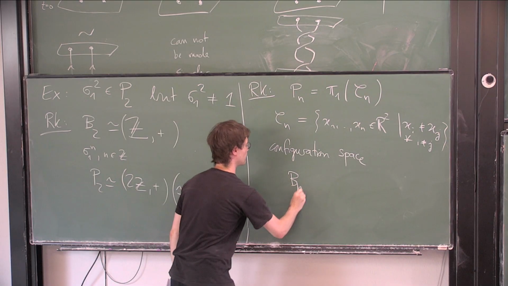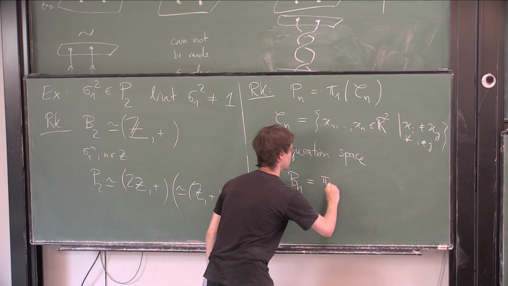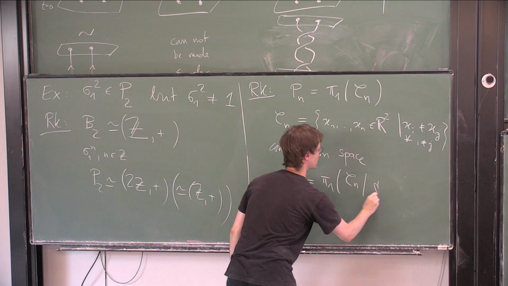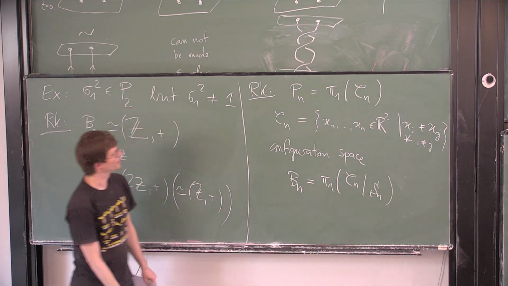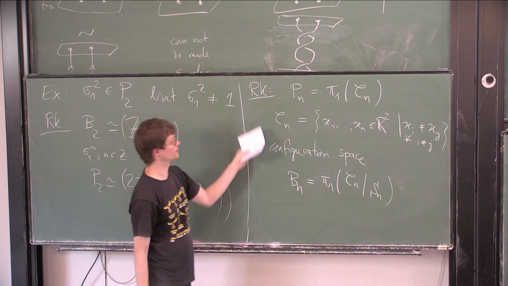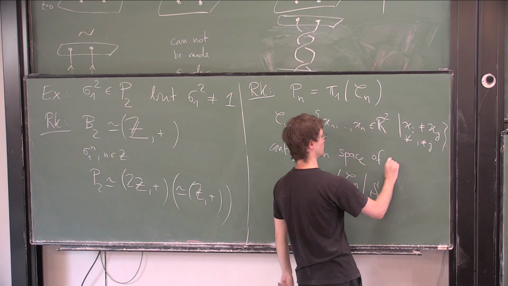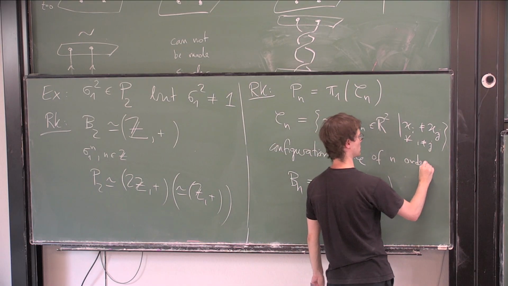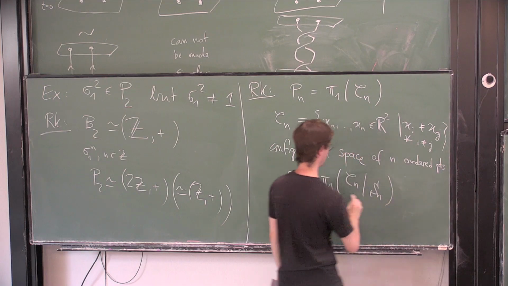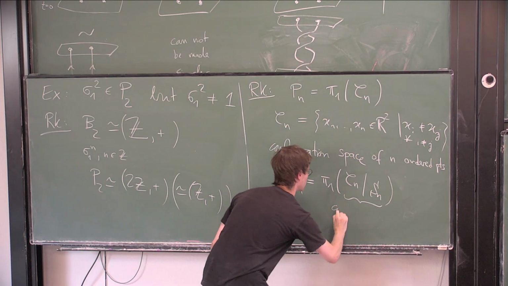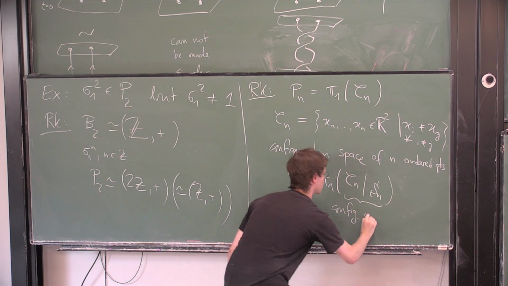And if you really like Bn, and actually we do, then this is the fundamental group simply of the quotient, of this configuration space of n ordered points, so this is the configuration space of unordered points.